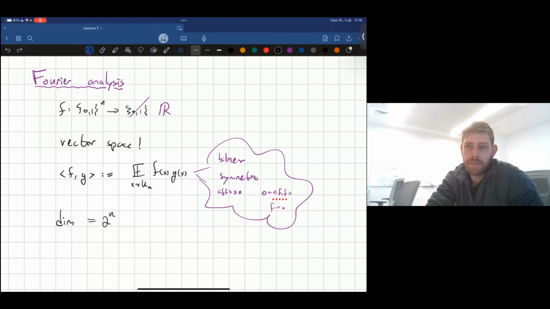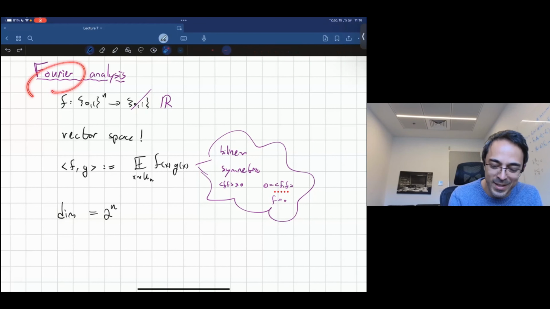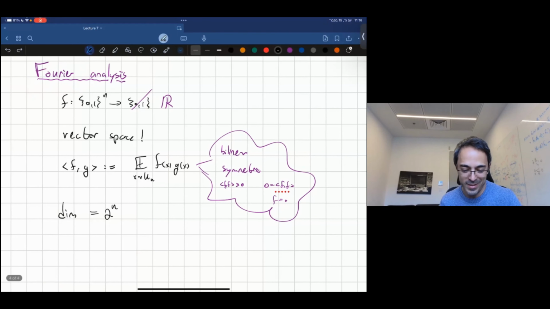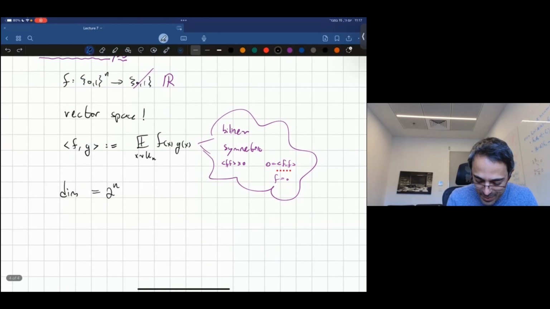The characters of the Boolean cube. Exactly, the characters of the Boolean cube. That's why we're saying Fourier analysis, because it's Fourier. These are the characters. So let's look at these functions. I am going to use plus and minus ones because it's going to be nicer, but let's define chi alpha of x.